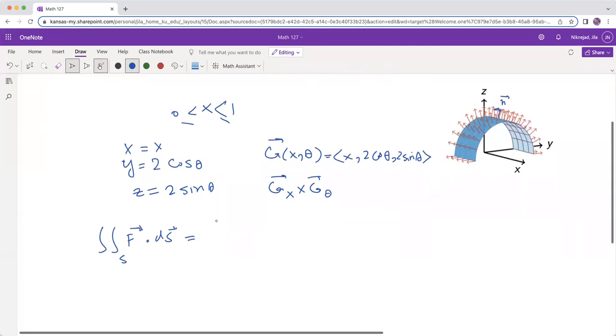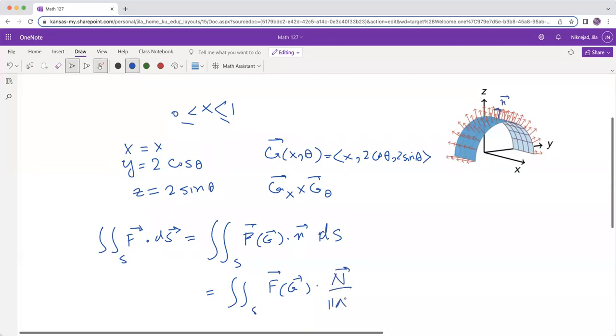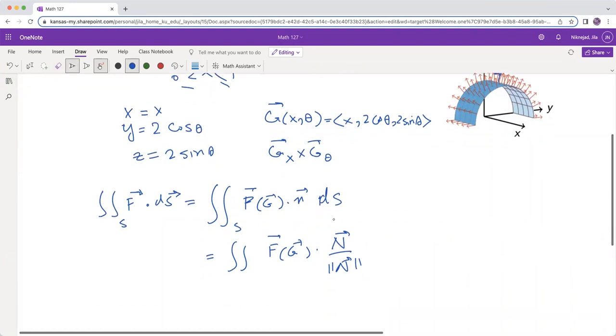I can either use F of g dot n and compute the scalar surface integral over S, or I can replace that n by capital N over the magnitude of N, and then not write S, because the bounds change.